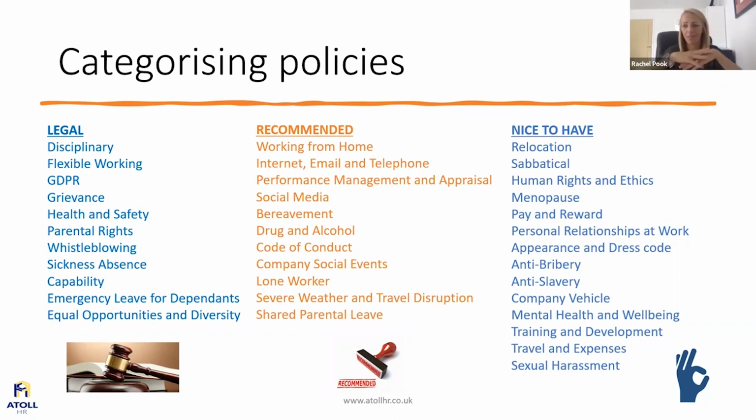I think it's very different from disciplinary. With capability, you need to determine if it's a case of someone who can't do their job or if they won't do their job. Won't is where it comes to disciplinary. Can't is sometimes because they haven't had the training, they've been promoted too quickly, they're in the wrong role. It's all got to be managed very differently, and that's what that policy covers.